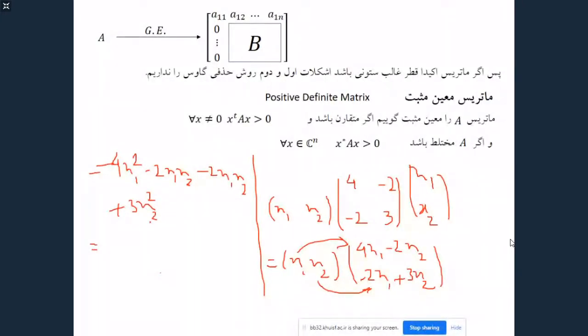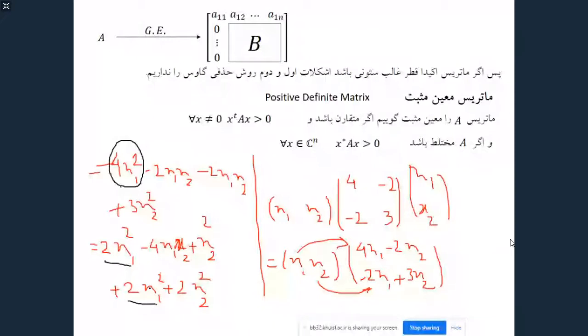So we have minus 4x1x2. Let me write 4x1 squared as 2x1 squared plus 2x1 squared, and 3x2 squared as x2 squared plus 2x2 squared.